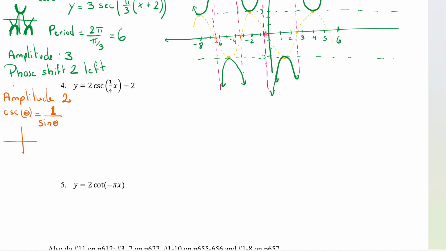So we know our graph is going to be related to the sine graph, right? Okay. And there is a b value of 1/4. So the period is normally pi, and so pi divided by 1 over 4 will give me a period of 4 pi.